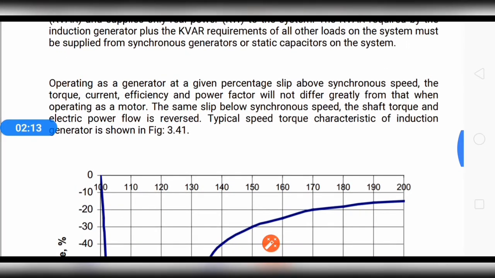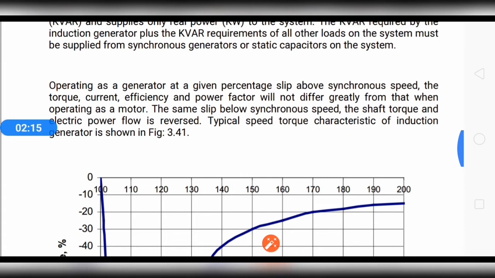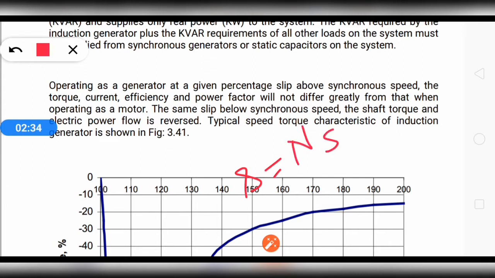So when the induction generator rotor is running above synchronous speed, then slip automatically, you know that slip is nothing but ns minus n upon ns.